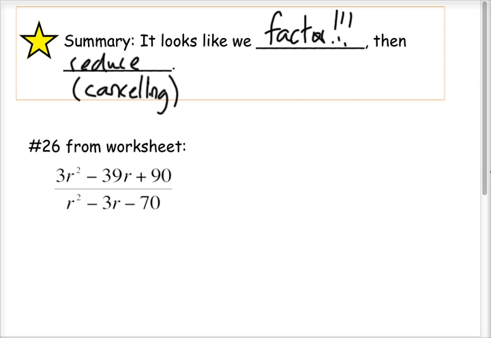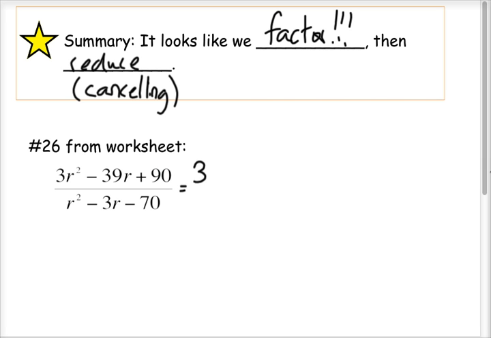All right, looking at our next example. So this next one, when I look at the top, the first thing that I'm going to notice is that 3r squared minus 39r plus 90, a 3 pulls out of each of those.